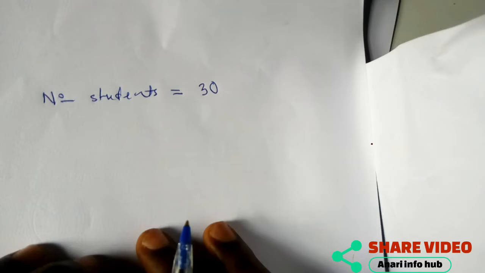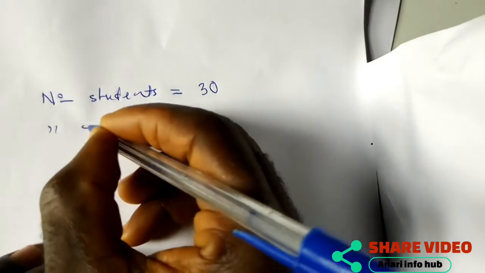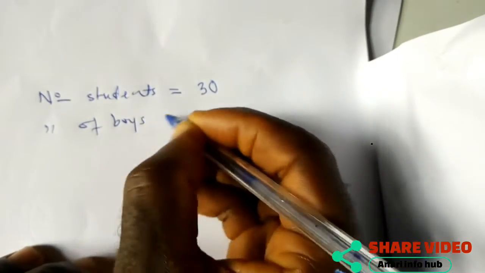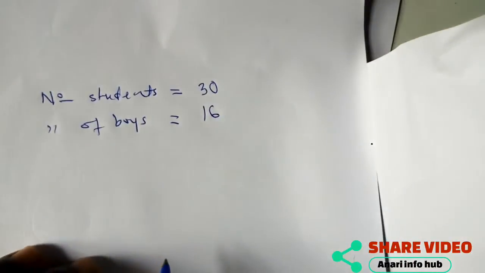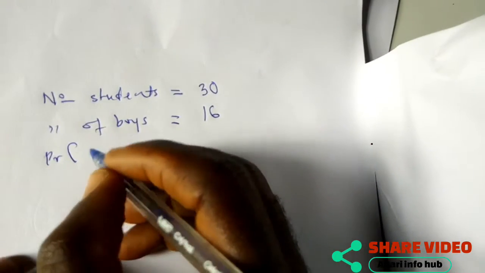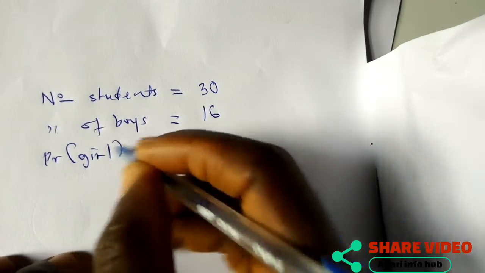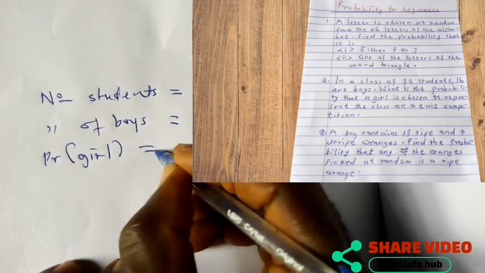What is the probability that a girl is chosen to represent the class in a quiz competition? Since 16 are boys, the number of boys equals 16.